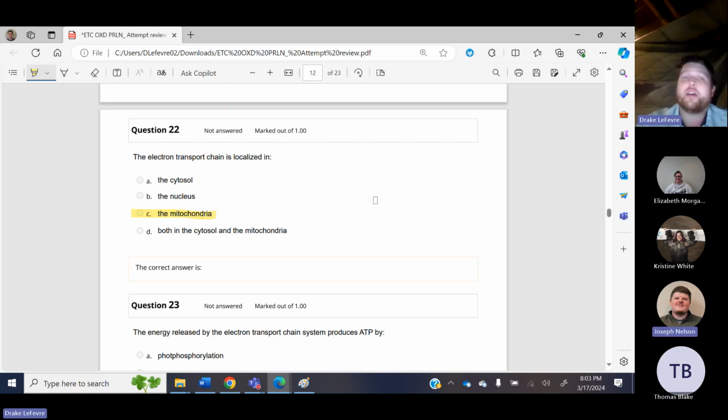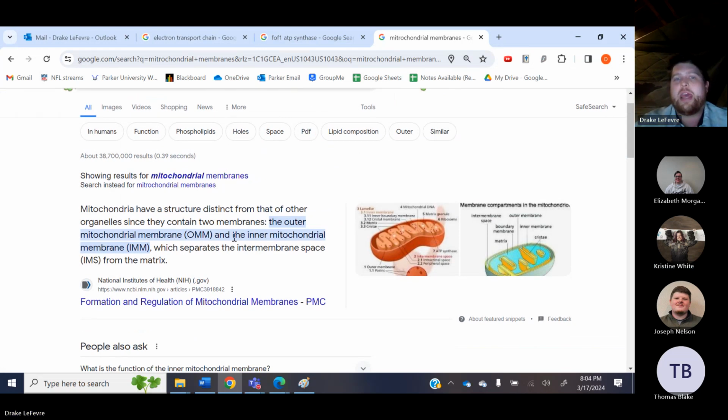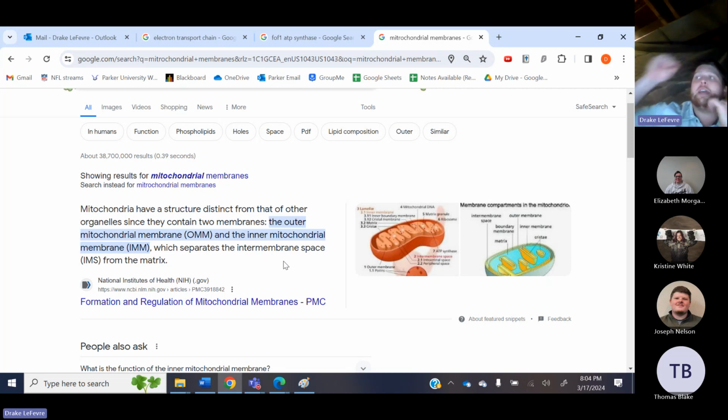The mitochondria has two membranes, the outer membrane and the inner membrane. So the inner mitochondrial membrane separates the intermembrane space from the matrix. The matrix is at the very middle. Then you have the inner mitochondrial membrane, and then the intermembrane space between the outer and the inner membranes.